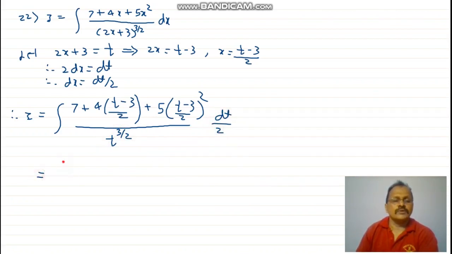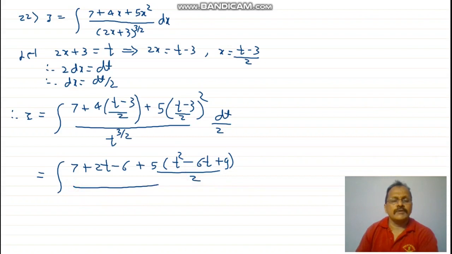This is equal to integration 7 plus 2t minus 6 plus 5 times t square minus 6t plus 9 divided by 2 completely divided by t raised to 3 by 2 into dt upon 2.